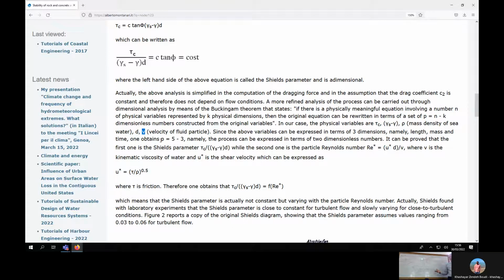And then this translates into a practical rule for determining the stability of the armour unit. We assume turbulence, we put an armour unit there, provided we are able to estimate tau, we will see how to do that. We have this criterion to check whether the unit is stable under that tau. It is very simple in principle.